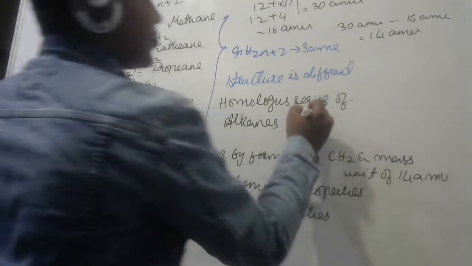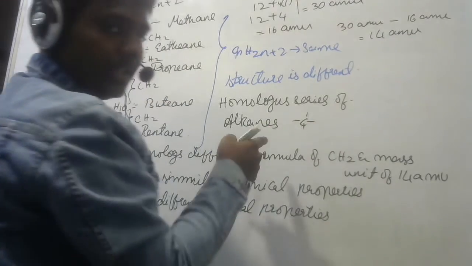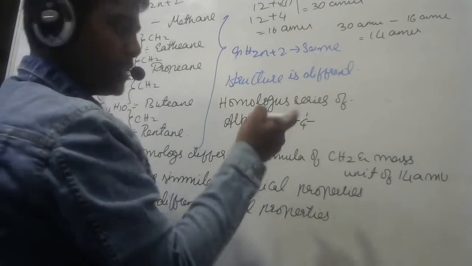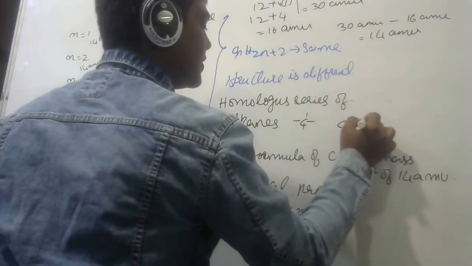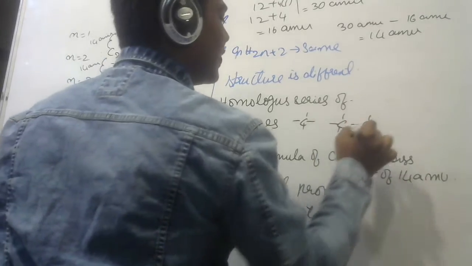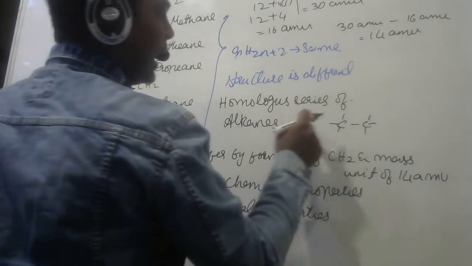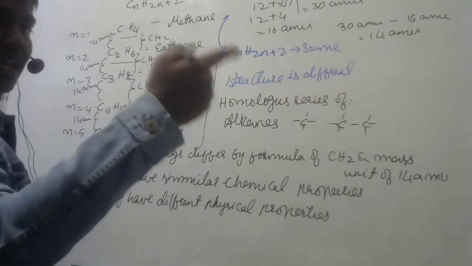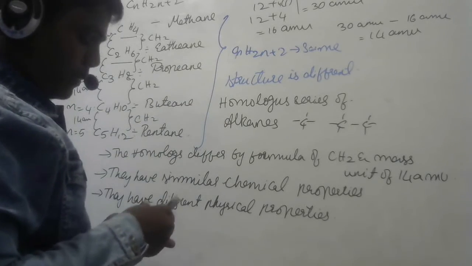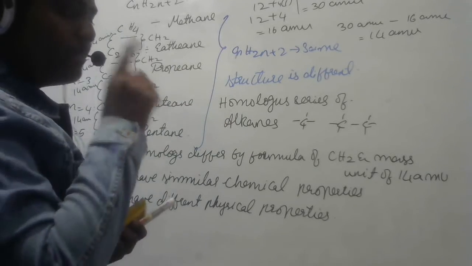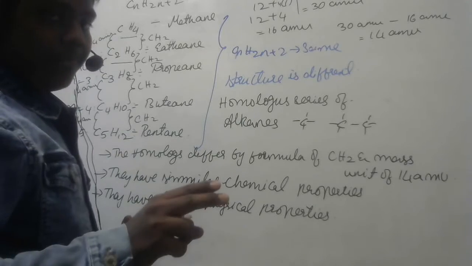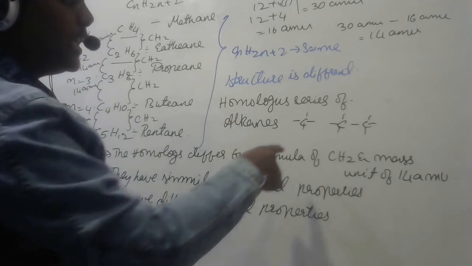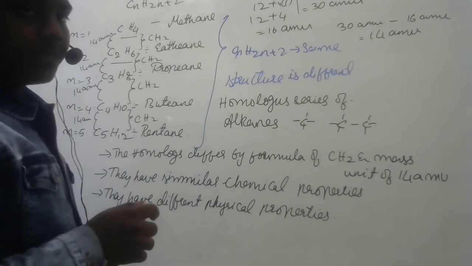Methane would be C1H4, ethane would be C2H6. As the number of carbon atoms increases, the physical properties also vary. The melting point and the boiling point increase with the increase in the number of carbon atoms.